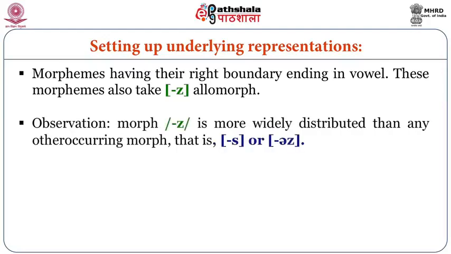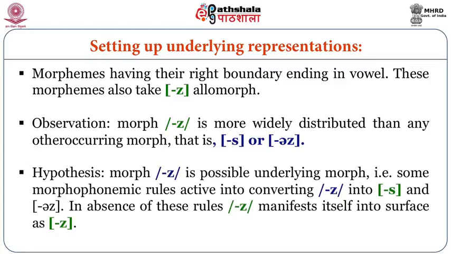So the observation is that morph z is more widely distributed than any other occurring morph, that is, s or iz. The hypothesis is that morph z is possibly the underlying morph, and that some morphophonemic rules are active, converting z into s and iz. In the absence of these rules, z manifests itself on the surface as z.